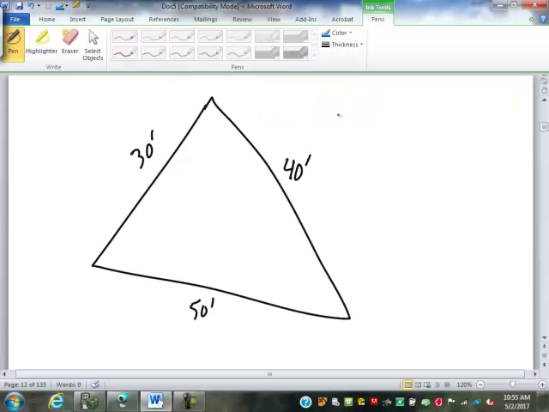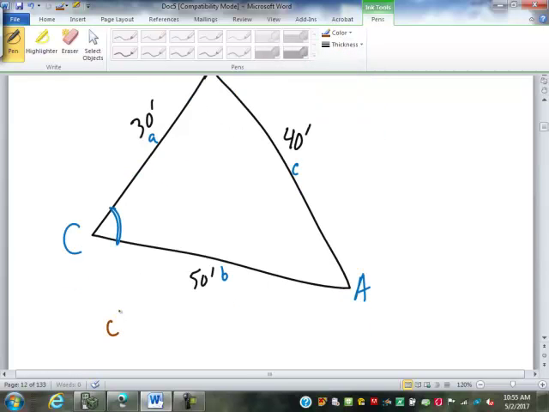Well, I'm going to pick an angle. I'm going to pick this one here. Doesn't matter which one I pick. I'm going to label it angle C. Well, I still have my formula.